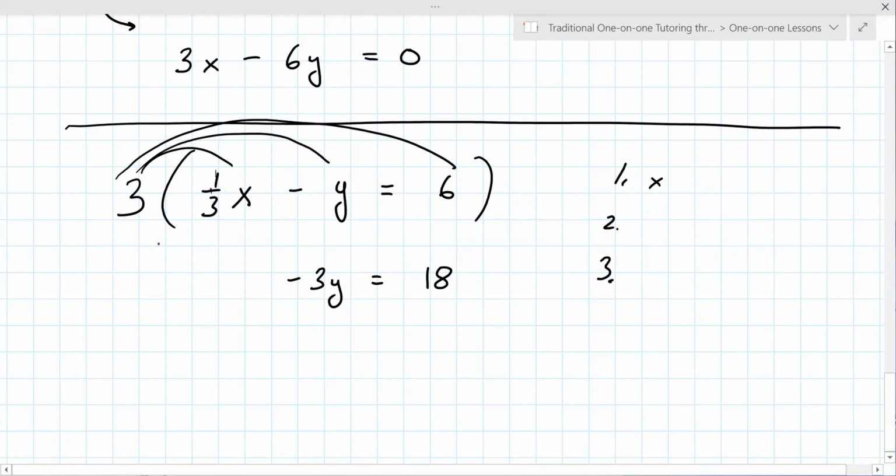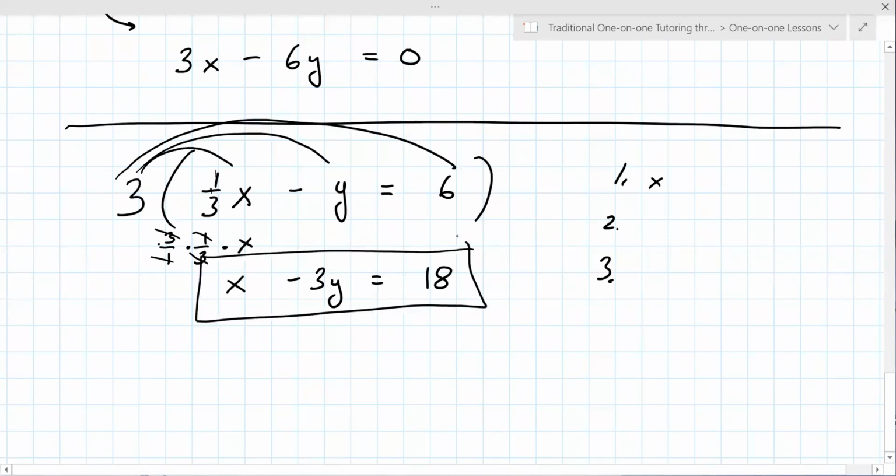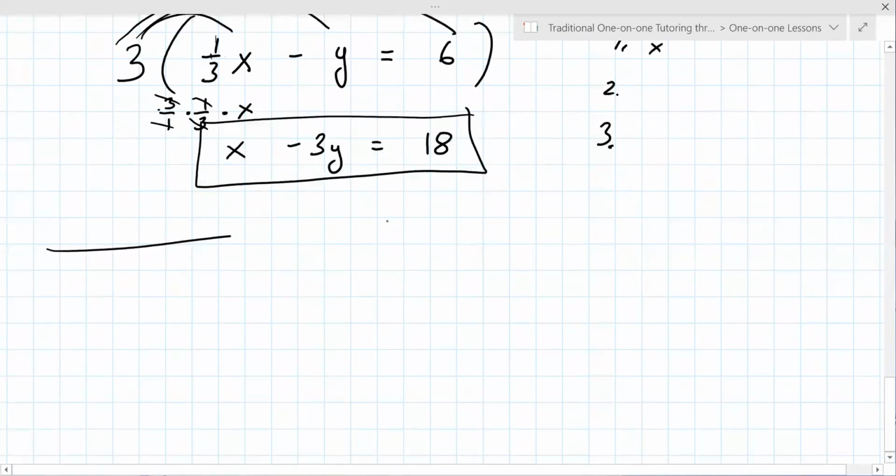So the intermediate step here is 3/1 times 1/3 times x. When you multiply by the reciprocal, see how this cancels? What's left over? Just x. Okay, now it is in standard form. Let's try another one.